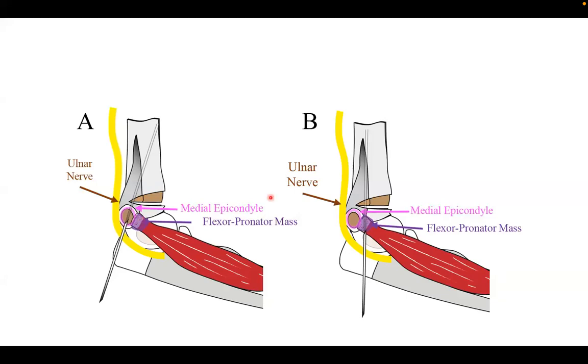And look on this side, letter B. This is if you have a fracture here. Let me put an X here. Fracture of the medial epicondyle would lead to damage to the ulnar nerve.